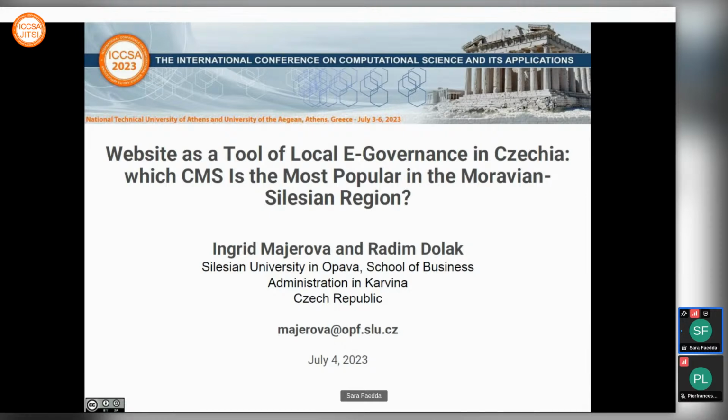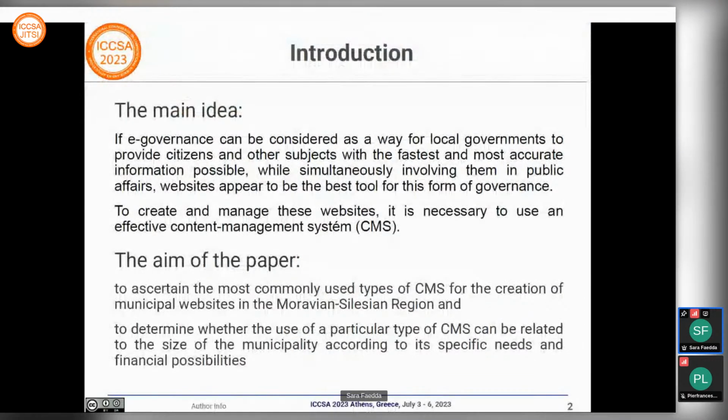And my presentation is about the use of some content management systems for the creation of websites of municipalities in our region. Our country is a little bit bigger than the Slovak Republic, twice more we can say, with 10 million people and about 6,000 municipalities.